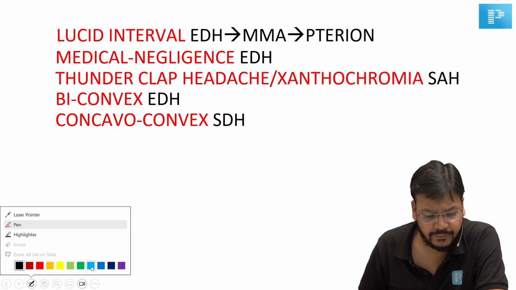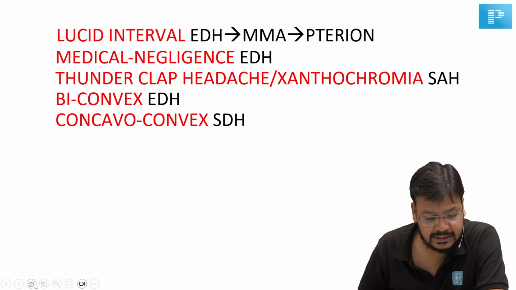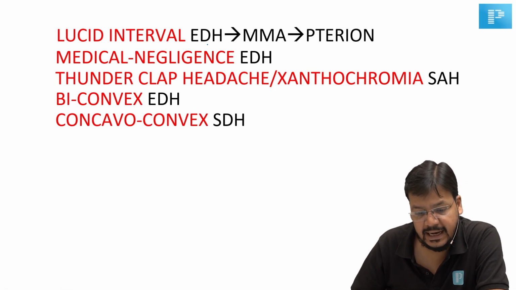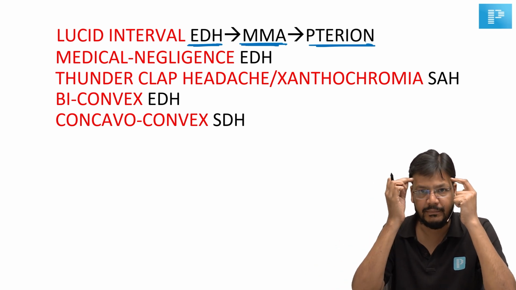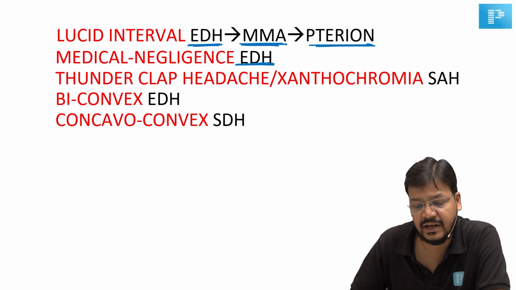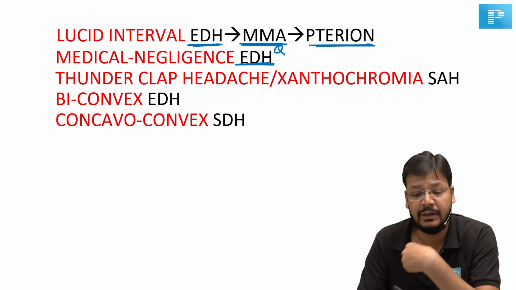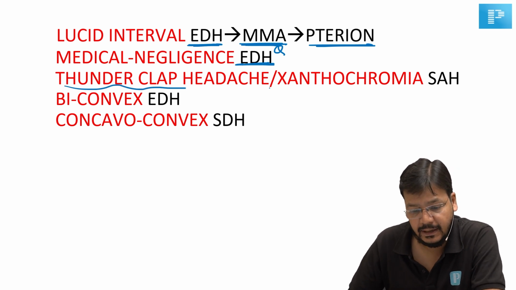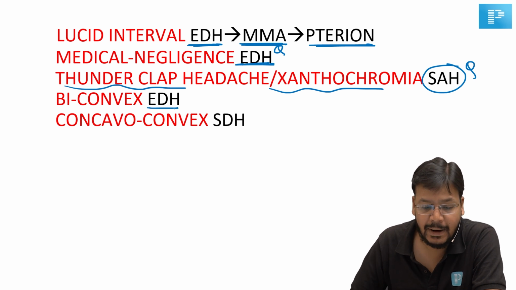Sir, lucid interval is seen in EDH, and it is due to rupture of the middle meningeal artery due to hitting at the pterion. Medical negligence charges are very common in EDH because if you are not able to identify lucid interval, thunderclap headache and xanthochromia are seen in subarachnoid hemorrhage.